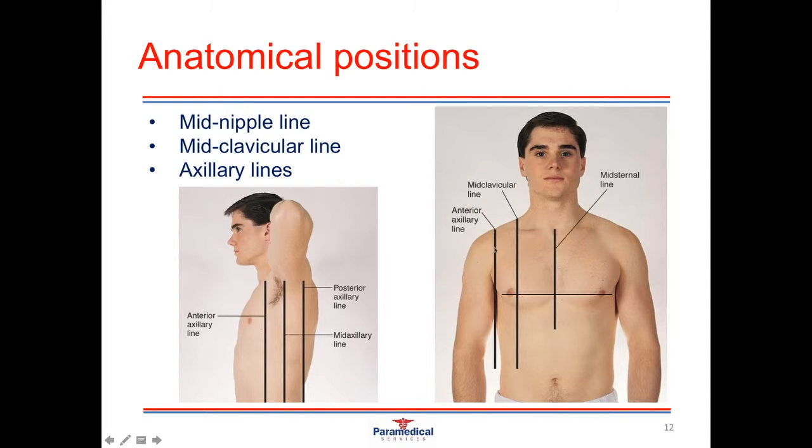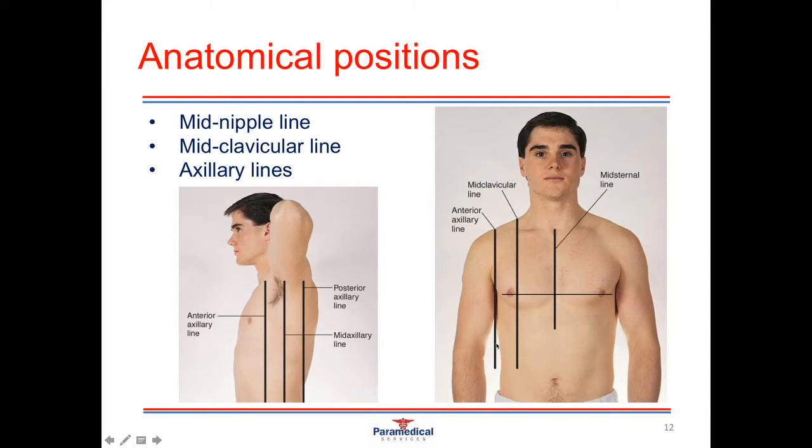Another line on the anterior or the front of the chest is called the anterior axillary line. So axillary meaning the underarm or armpit. The front portion of the armpit is the anterior axillary line running down the front over here.